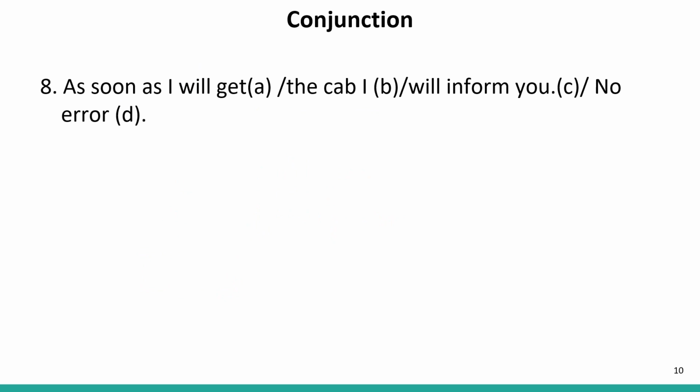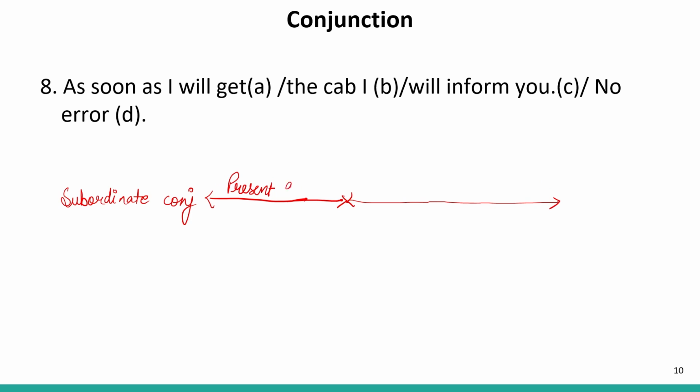As soon as I will get the cab, I will inform you. Now, whenever we have a subordinate conjunction, the sentence is formed in two clauses. One clause we need to write in present indefinite tense, and the other should be in future indefinite.